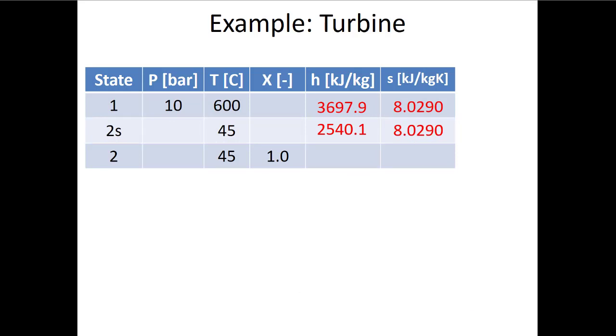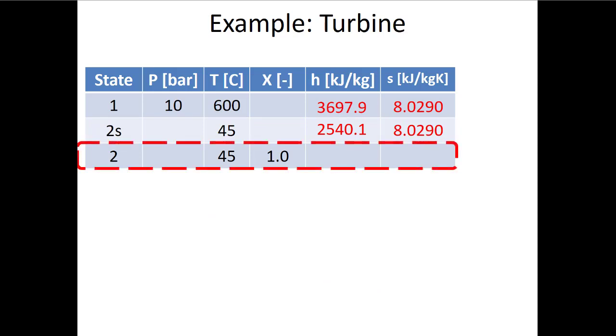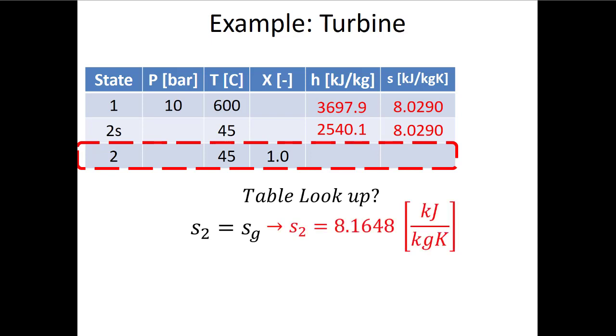Now, how do I find the real outlet? In this case, we know how to do this because we have two independent intensive properties. I know the temperature and I know the quality. So I can look this up in a table. I know that s2 is going to be equal to sg because quality is equal to 1. I don't necessarily have to find s2 here, but I like to look.